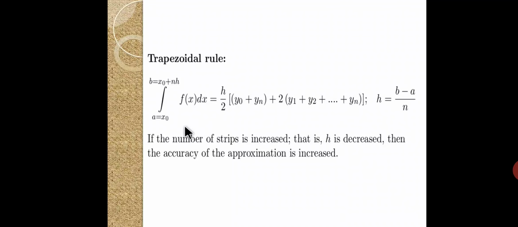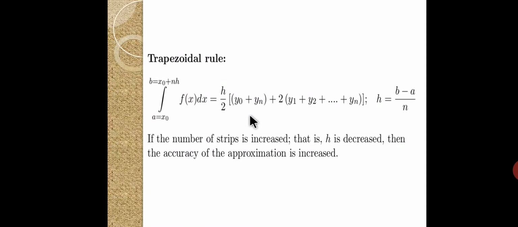So how to remember this formula? Integral a to b f of x dx is equal to h upon 2 times the sum of extremes, meaning the sum of the first and last terms, plus 2 into the remaining ordinates, y1 plus y2 plus and so on plus yn minus 1.